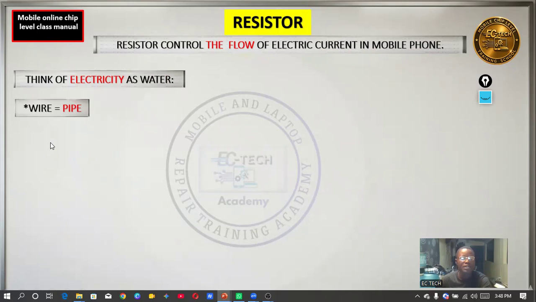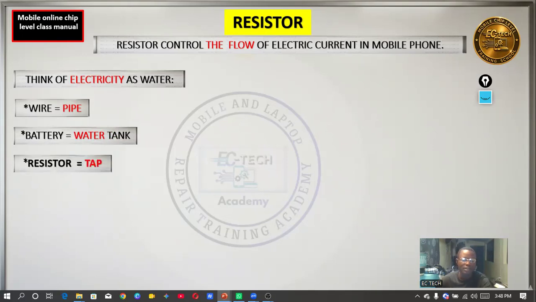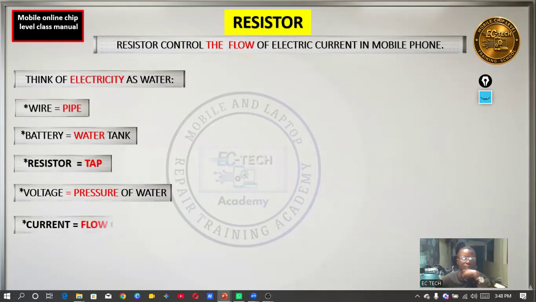So we shall represent the wire as a pipe used in running water. We use the battery as a water tank. The resistor is a tap. Voltage is the pressure of the water, that's the force pushing the electrons.